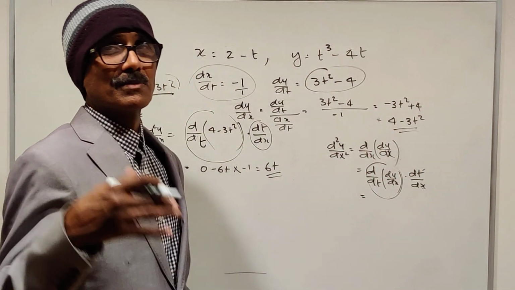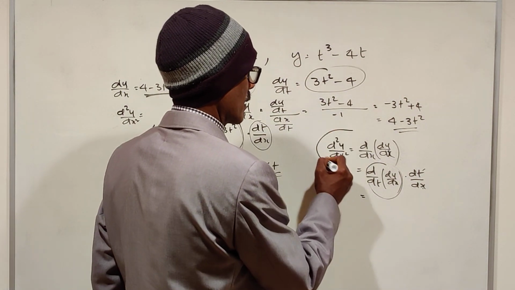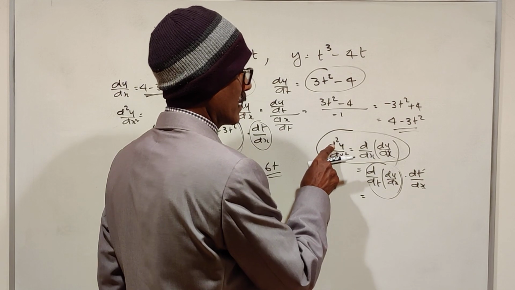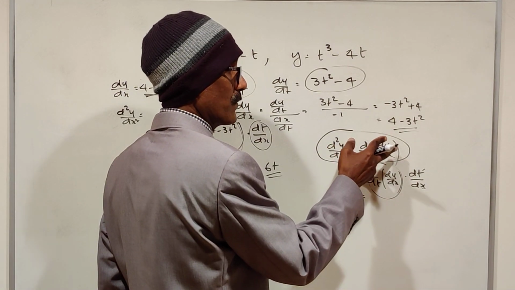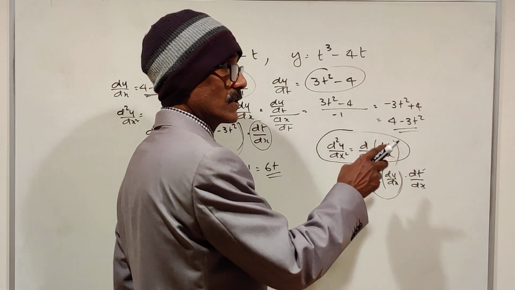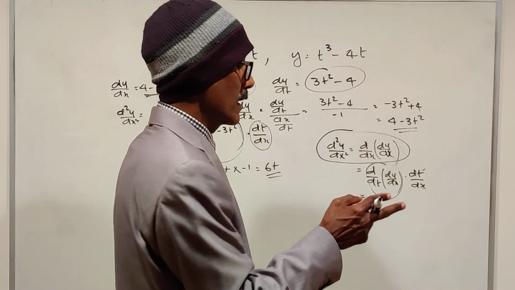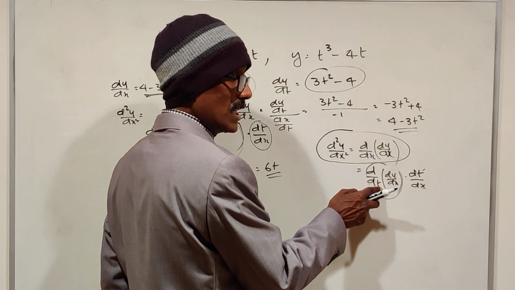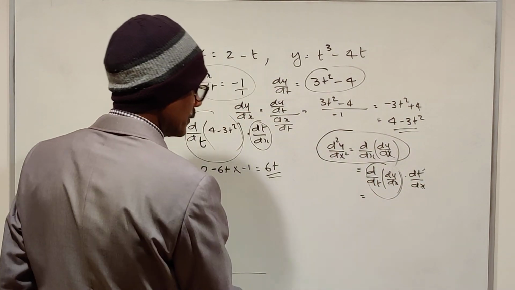You don't need to memorize any formulas here. Just remember this: the second derivative is the derivative of the first derivative with respect to x. If the function is in terms of t, then you cannot differentiate with respect to x. You can differentiate with respect to t, then multiply with dt by dx. Okay? Next one.